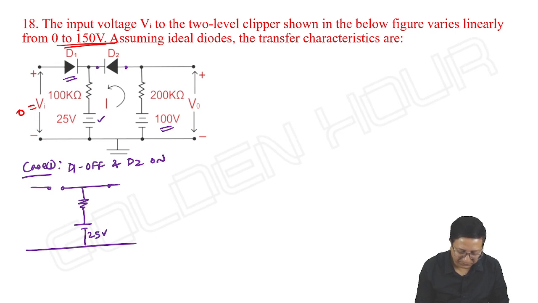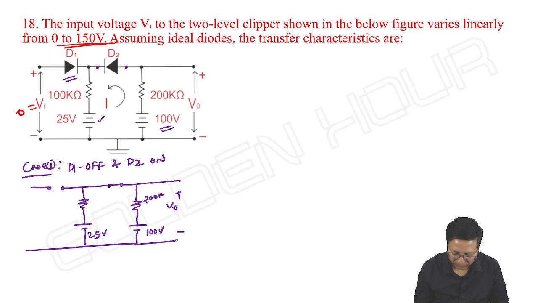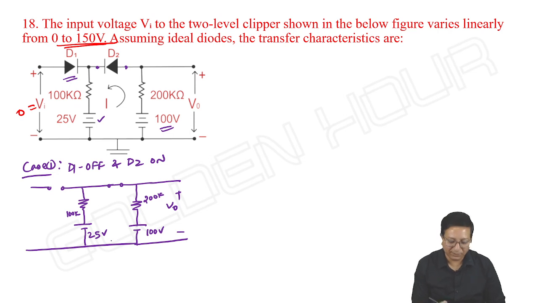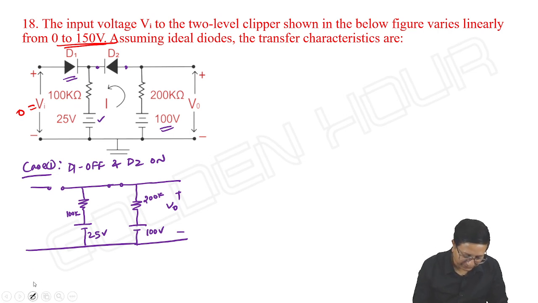25 volts. 100 volts. So what is the output? Is it 100 volts? No. Is it 25 volts? No. Something else. What is it? We need to find.